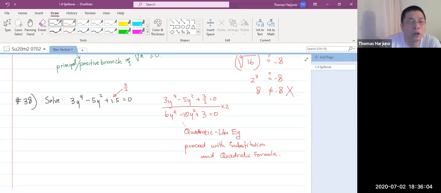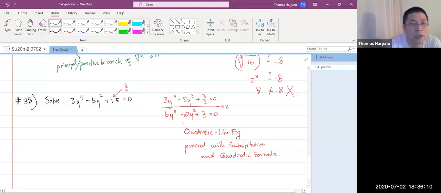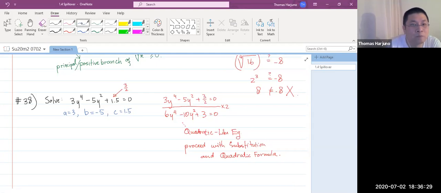Now I will just go ahead with the quadratic formula here because you will see that my discriminant is actually still a nice number. So my A is 3, my B is -5, my C is 1.5.